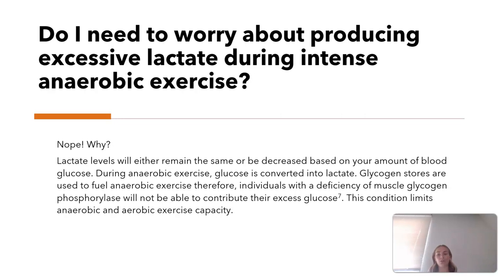So, therefore, individuals with the deficiency of muscle glycogen phosphorylase will not be able to contribute their excess glucose. So, this condition limits both your anaerobic and your aerobic exercise capacity.